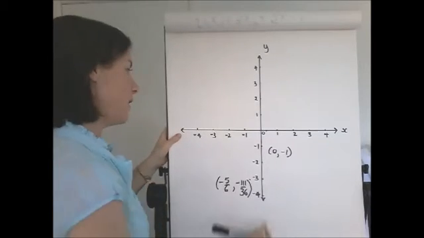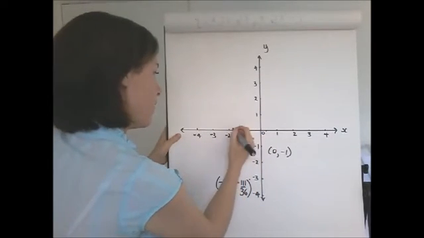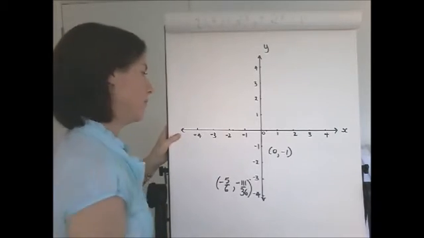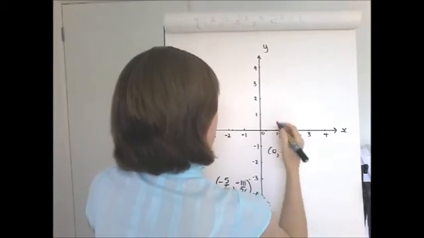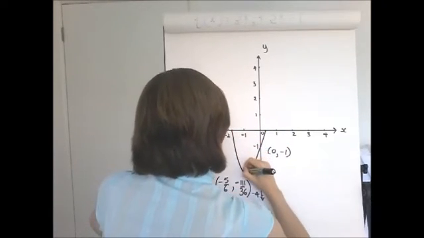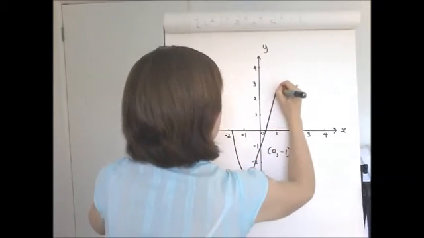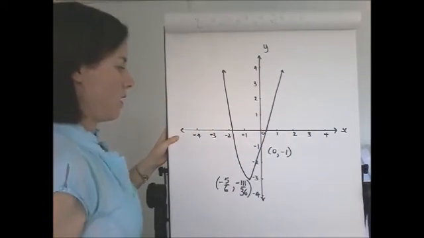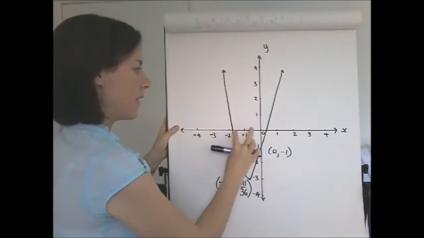And we also had -1.85. I'll put that there. I'll label those in a minute. So draw a quadratic shape through those points. Okay, that's good enough.